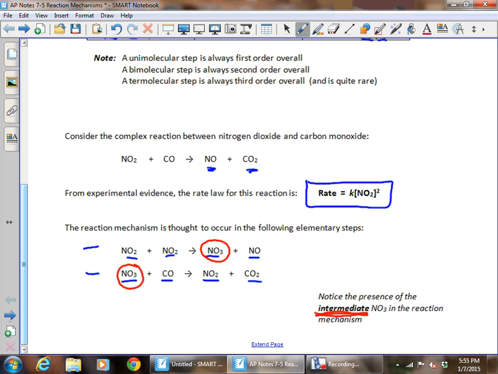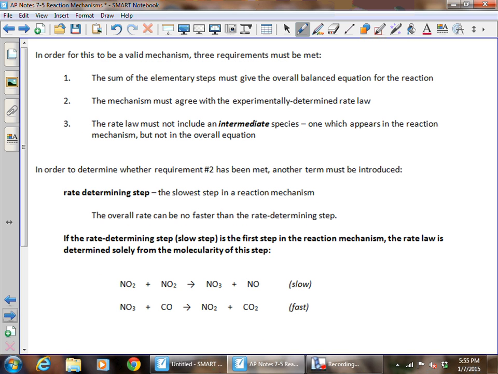our proposed mechanism. Now, how do we know if this is a good mechanism? It has to obey three rules. First of all, the sum of the elementary steps must give us the overall balanced equation for the reaction. They have to add up. Let's see if they do. Down here, we see that we've got this reaction.